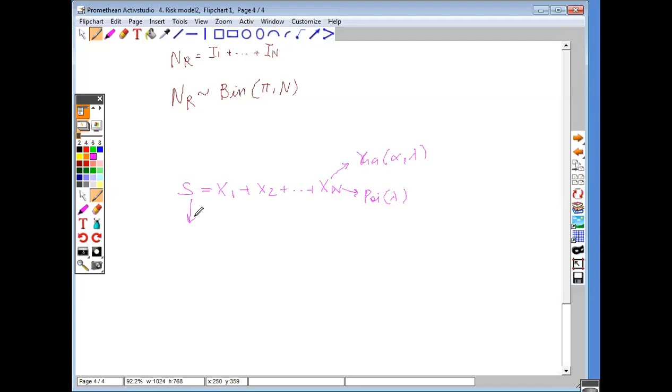Approximated it to normal. So what was my distribution of s? Did it take the distribution of x or did it take the distribution of n? So it was something like compound Poisson, right?